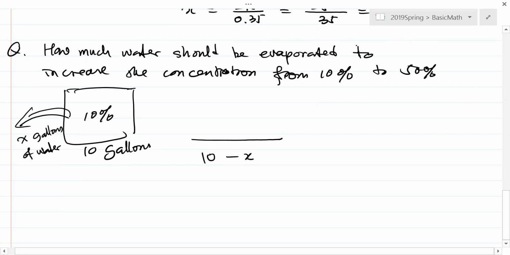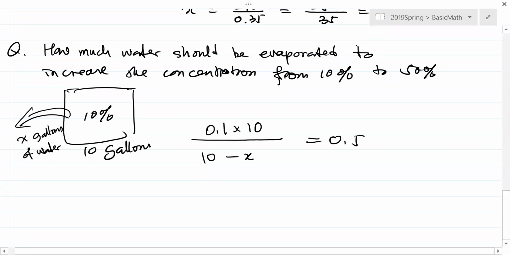But the active ingredient remains unchanged, which is 0.1 times 10, because only water is gone. So this ratio should be equal to 0.5.